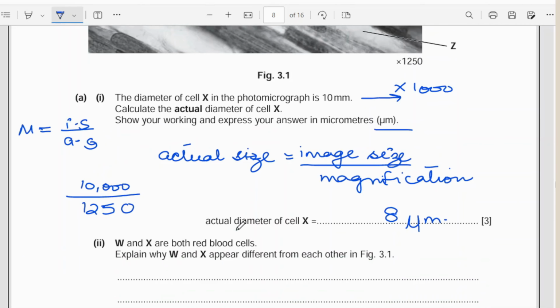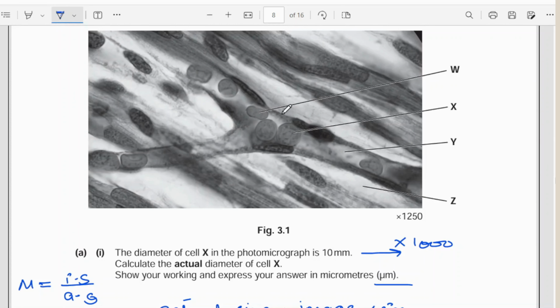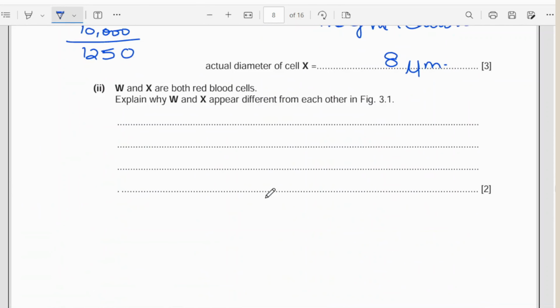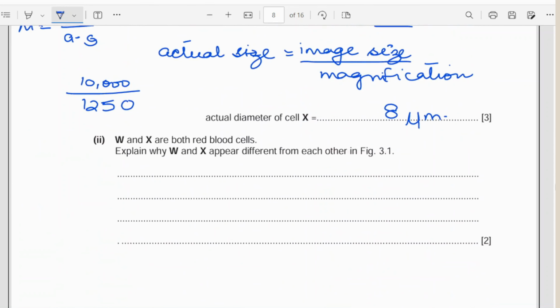W and X are both red blood cells, correct? But one seems to have a different shape. Why do you think so? Correct. One is front view and the other one is side view. So what I was about to write, both would have a biconcave shape.